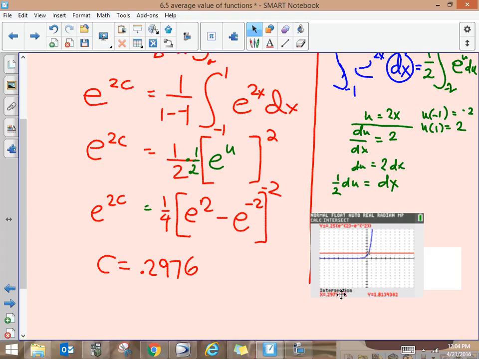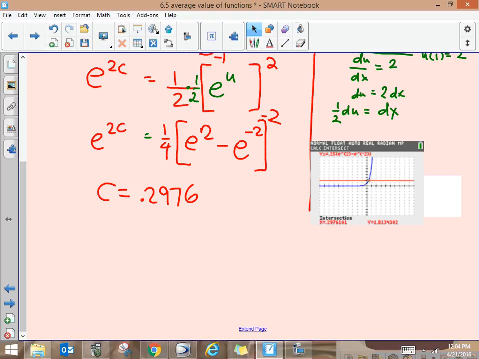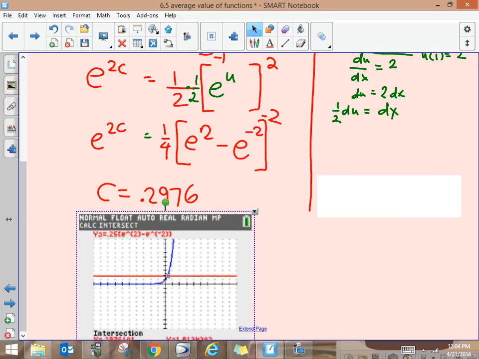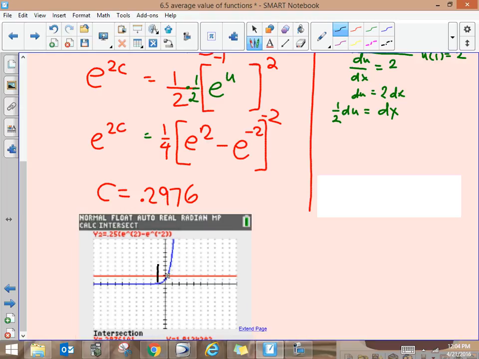So what does that mean? Let's go here. We are interested in -1 to 1. So this area is the same as, where's my 2.2? That's 1.2, about right there.